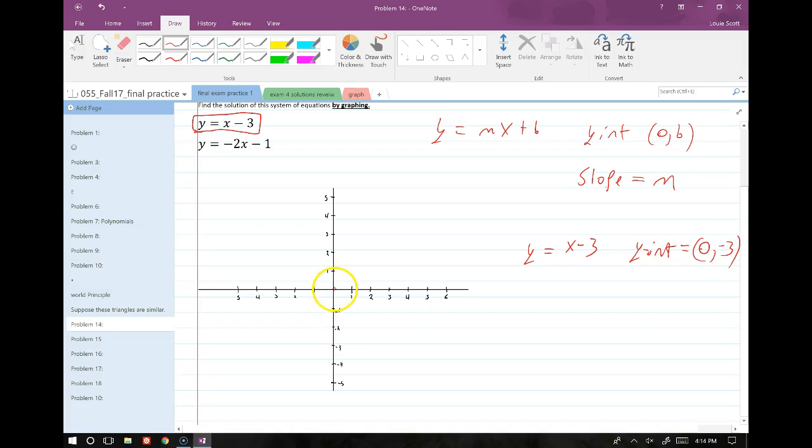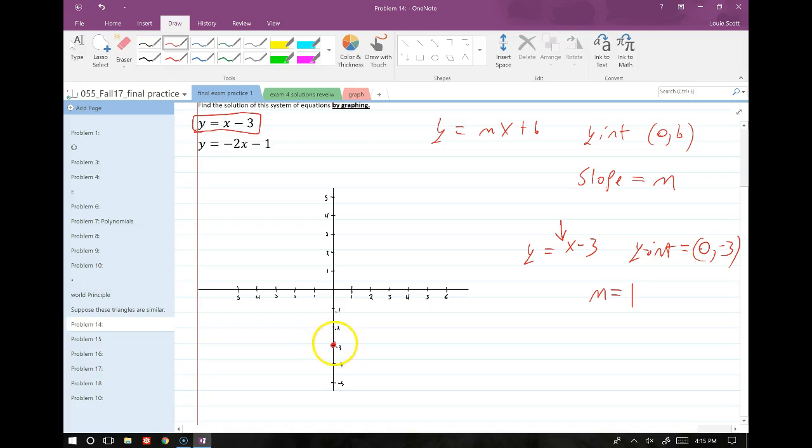So I'm going to plot that point, 0 on the x-axis, negative 3 on the y, that's down here. My slope, m, is equal to the coefficient of x, which in this case is 1. Don't be fooled, right? It's not a 0 out there, it's a little 1.